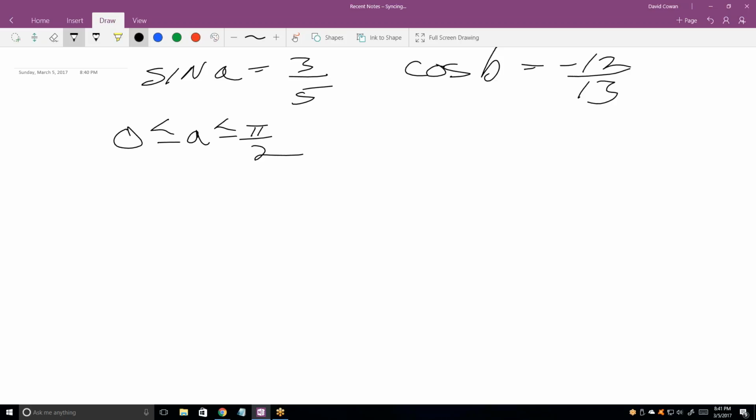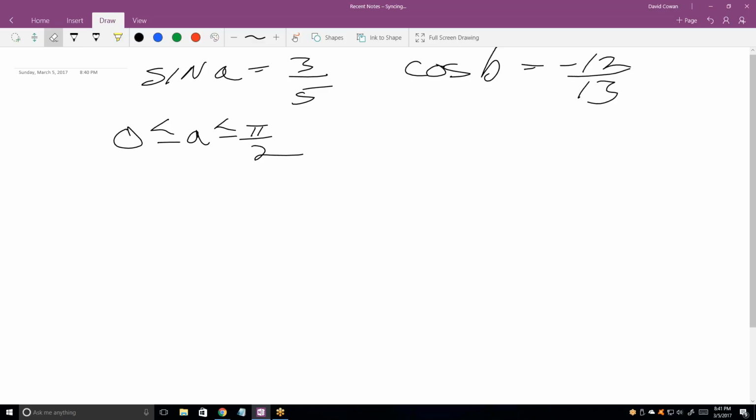And pi is less than or equal to B, which is less than or equal to 3 pi/2. No, sorry. B is in the middle.